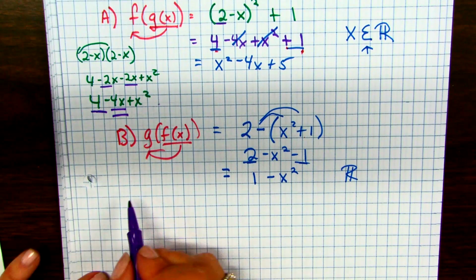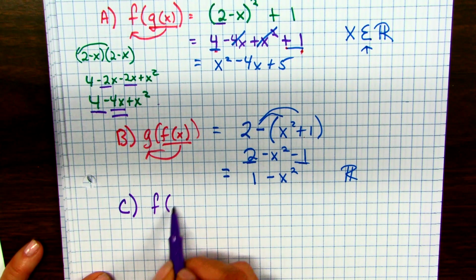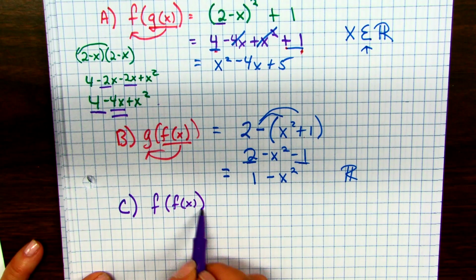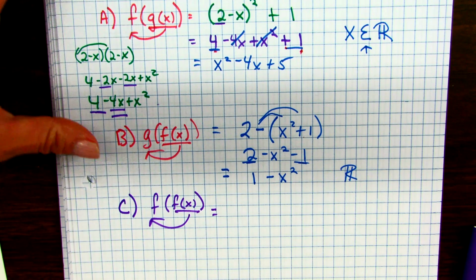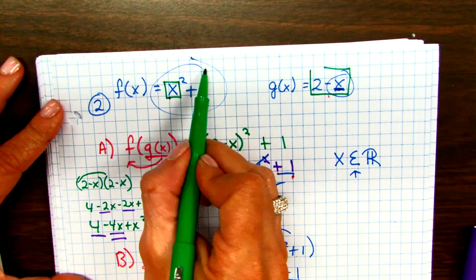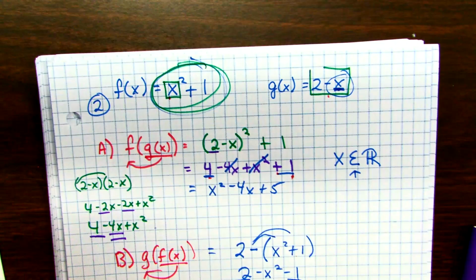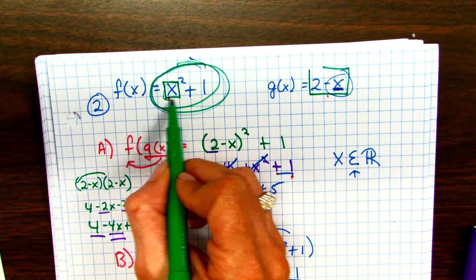I really wanted to get to this one because some students freak out when they see this. Like, how do you put a function back into itself? How do you put f of x into f of x? Plug it in. Yeah, same way you've been doing it. Here's f of x, right? I'm going to plug it right back into itself. So f of x, this mess, gets plugged in right here.